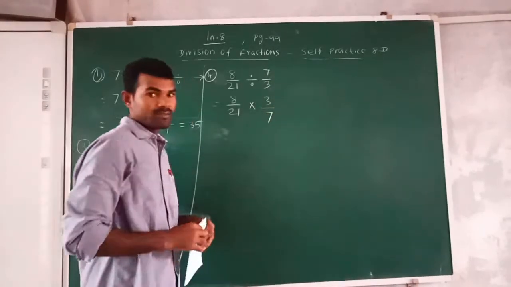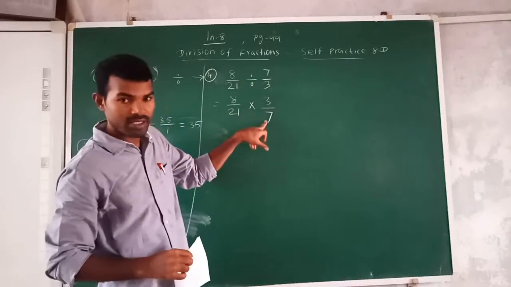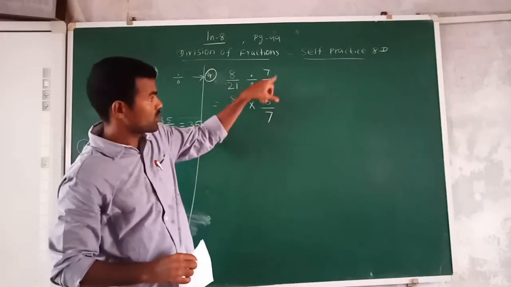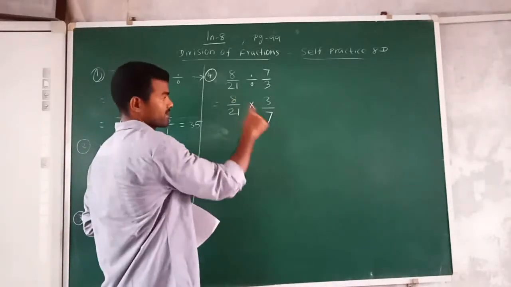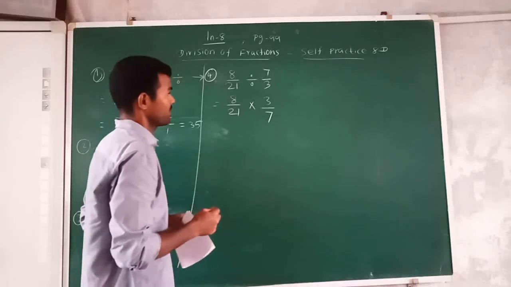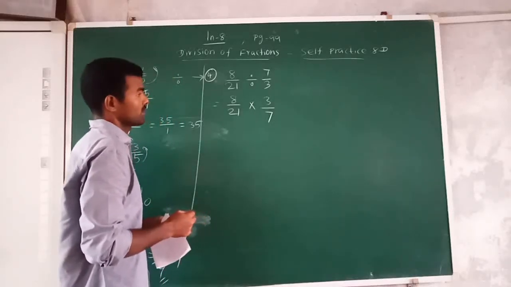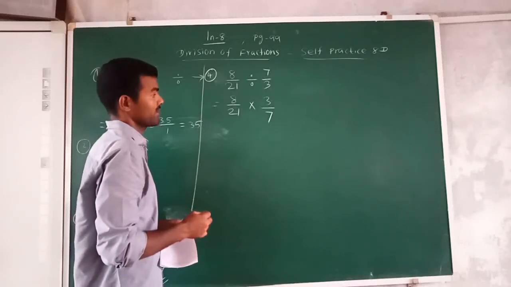Numerator comes to denominator and denominator goes to numerator. Now look crosswise at 8 by 21 multiplied by 3 by 7.